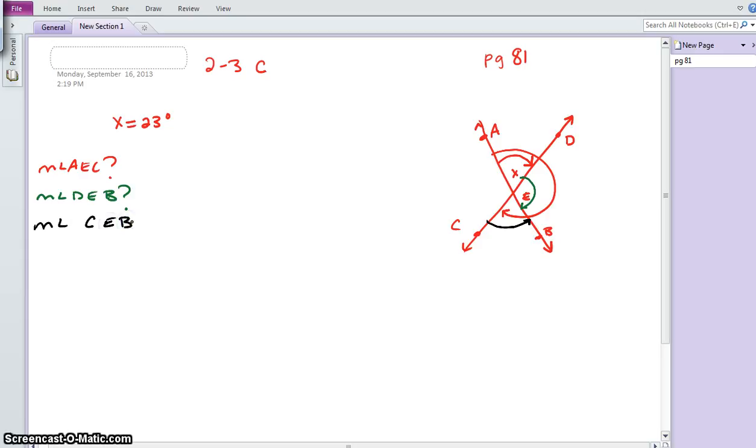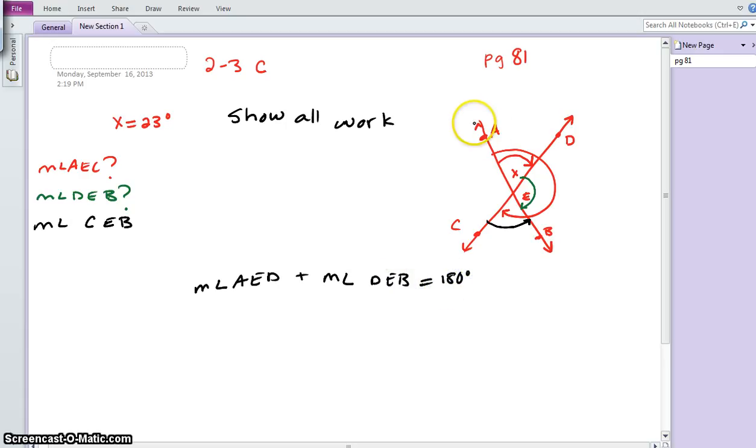Now the important statement they make is show all your work. Well, how much is all your work? I'm going to show you what the formatting for a problem like this looks like. We know that the measure of angle AED plus the measure of angle DEB equals 180 degrees because they are each part of a straight angle.